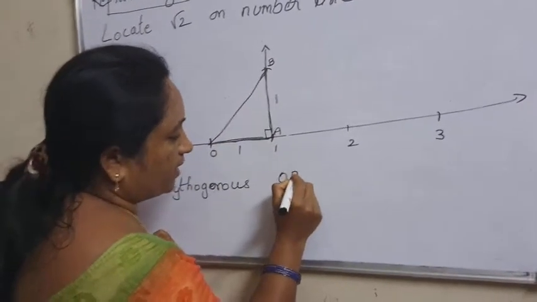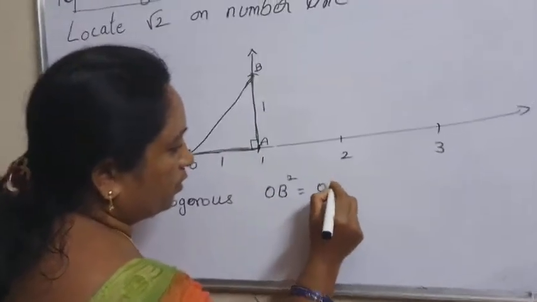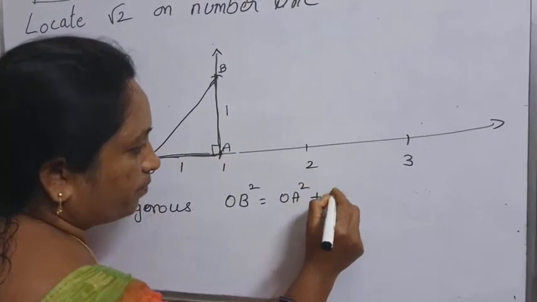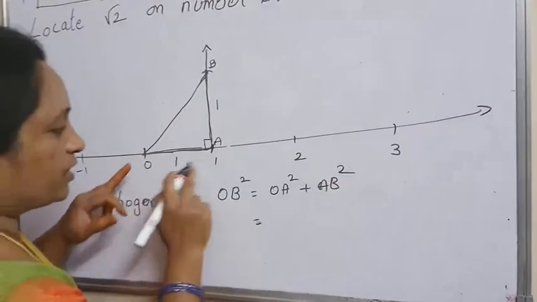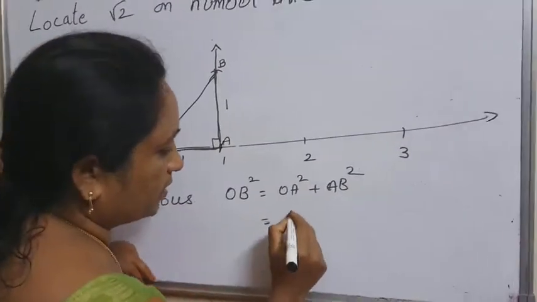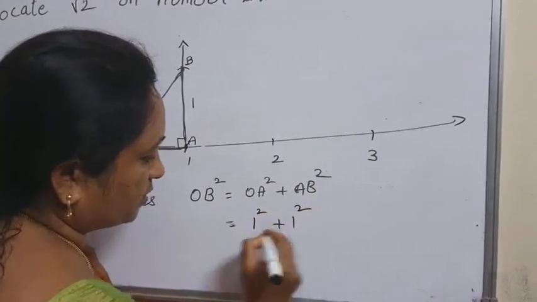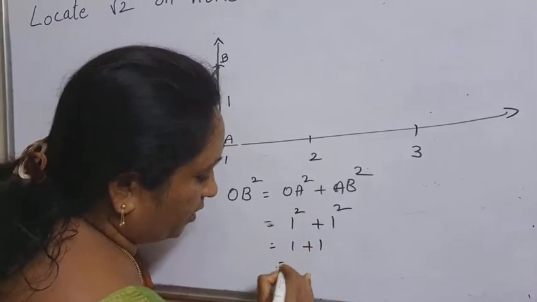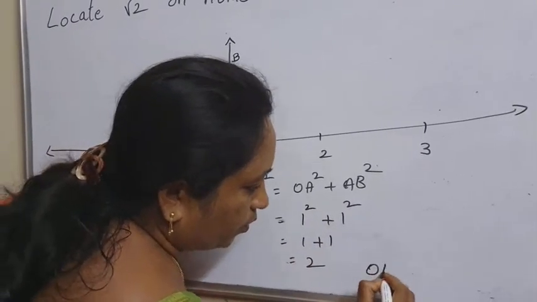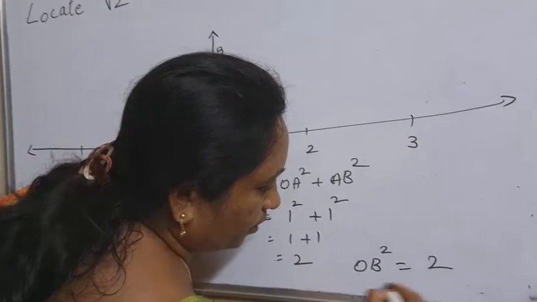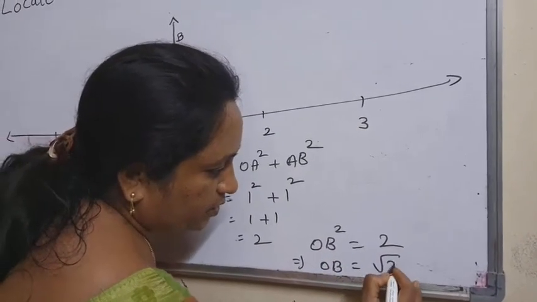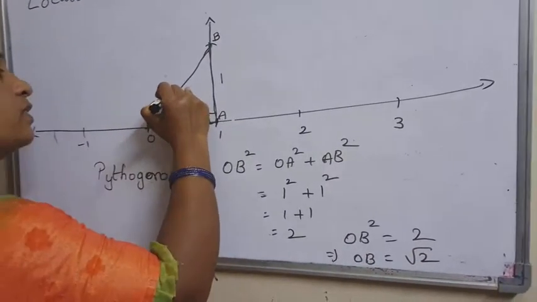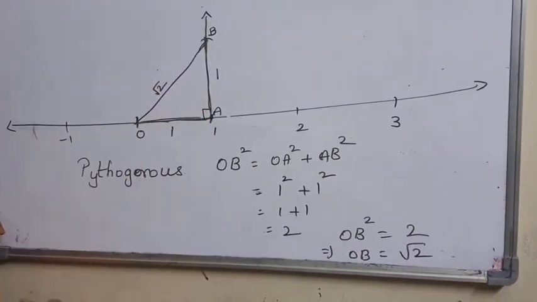Now OB square is equal to OA square plus AB square. That means 1 square plus 1 square, 1 plus 1 equal to 2. Here OB square is equal to 2, implies OB is equal to square root of 2. So the length of this is root 2.